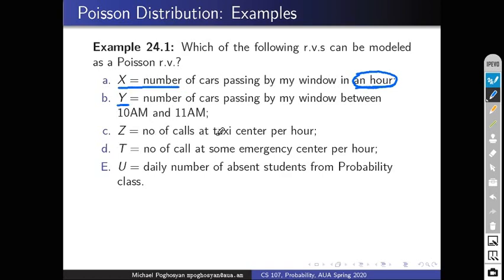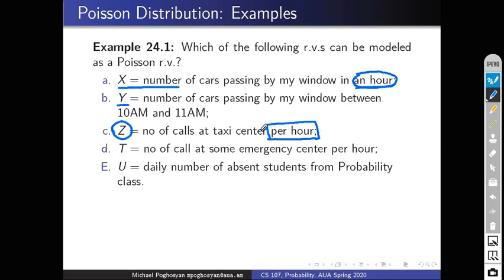Z is the number of calls at a taxi center per hour. Again, Z is a random variable. Z can be, say, 12, Z can be 20, Z can be 100, Z can be 0, etc. So the hourly rate of number of calls is not constant.